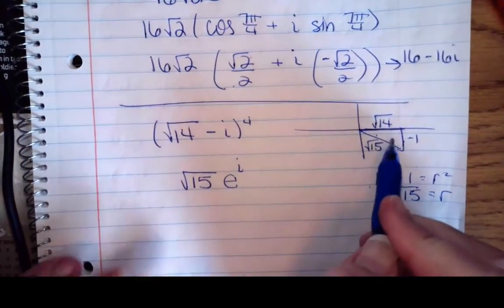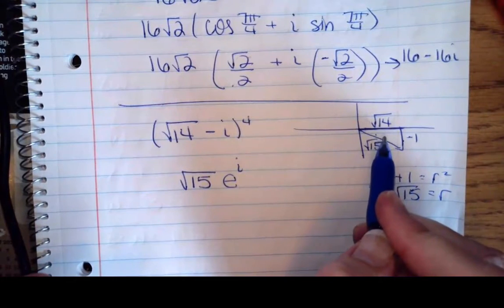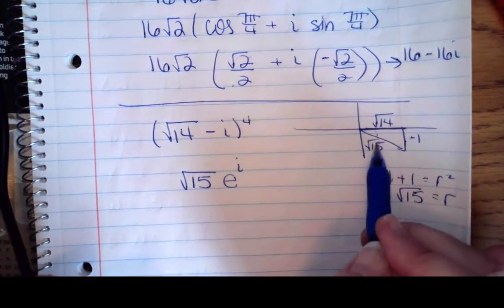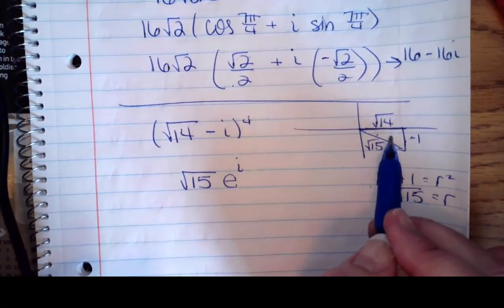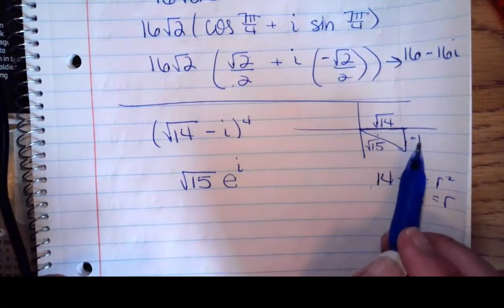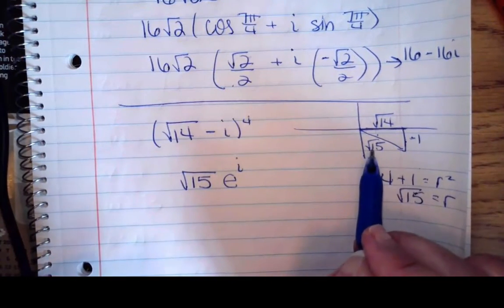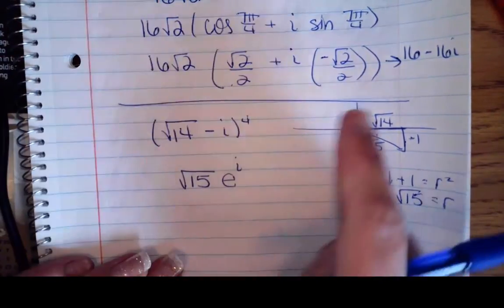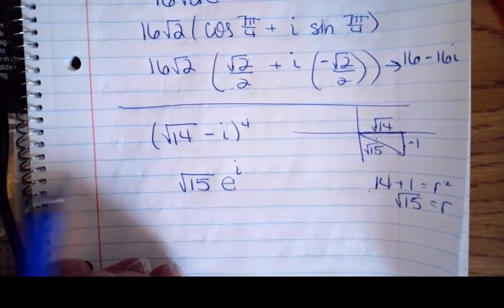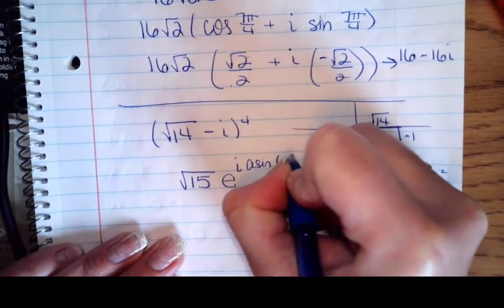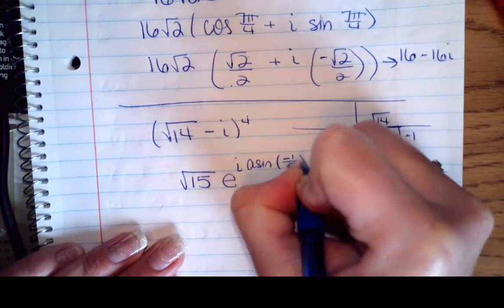Since I'm in quadrant 4, and I'm going to have to find an angle using ratios, I'm going to choose to use arcsine. So I will have the arcsine of negative 1 over root 15. I'm not going to use arccosine because I'm not in quadrants 1 and 2.